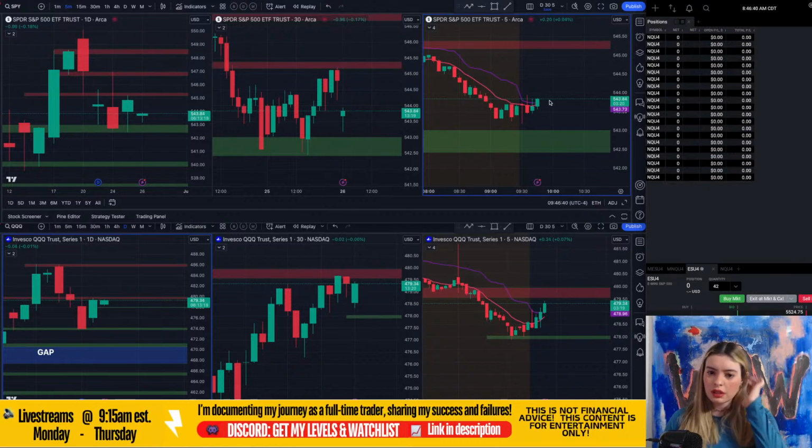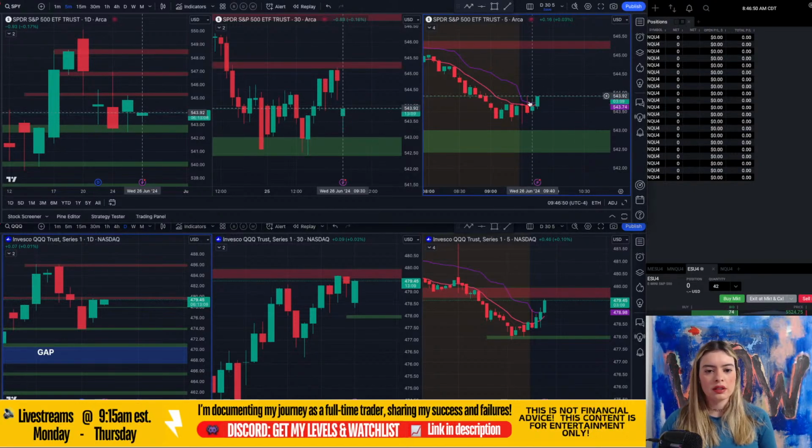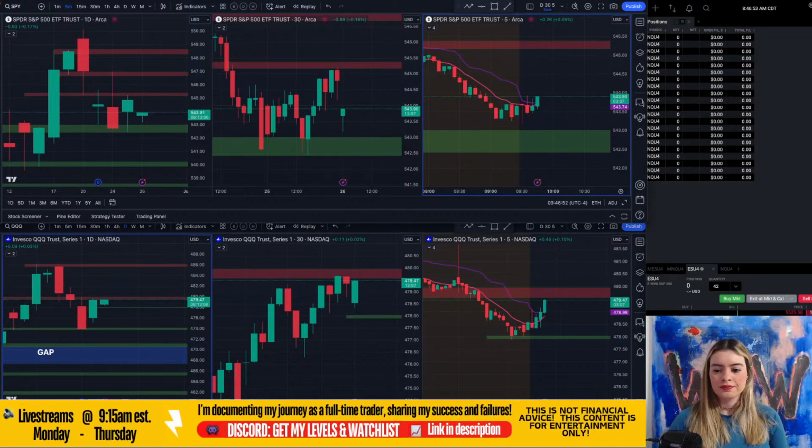Okay, I'm watching this level here, but I want to see a clear 5-minute candle holding here, because I don't want to get a wick like these two candlesticks.